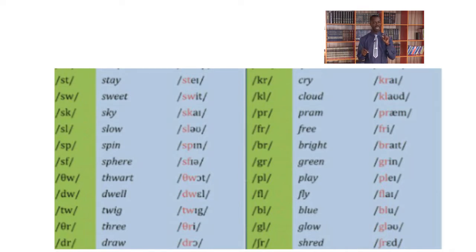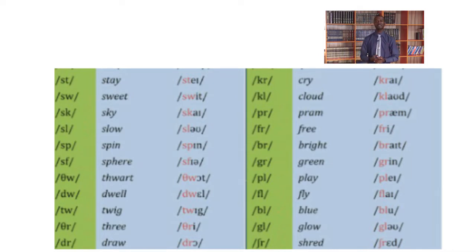So that PH is a consonant digraph. We also have vowel digraphs. So that PH, which is a consonant digraph, is different from ST, which is a consonant cluster. So ST, there are two different consonants that are produced as two consonant sounds. All right, so that's the difference between a consonant digraph and a consonant cluster.